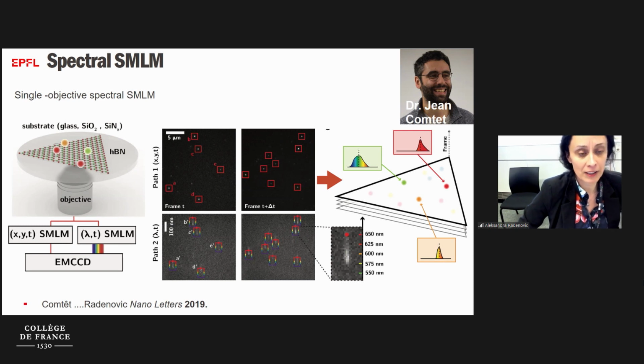In localization microscopy, we need fluorophores, or in this case defects, that interact with the environment and can change their fluorescent states between on and off in a stochastic way, so that in a diffraction-limited spot we can localize them one by one. Using these two channels, we can separate information about location from information about their spectral signatures, or energies. This is what Jean and Jean Dong have been establishing.